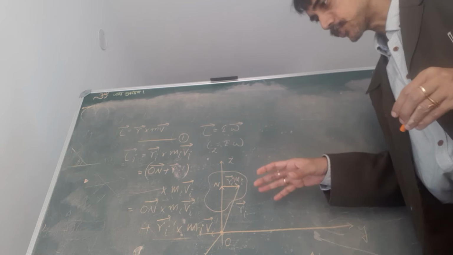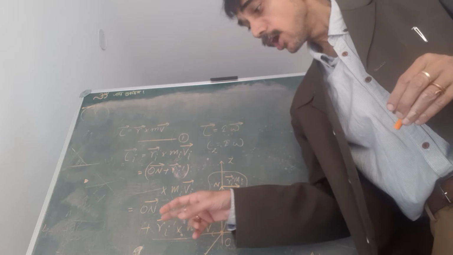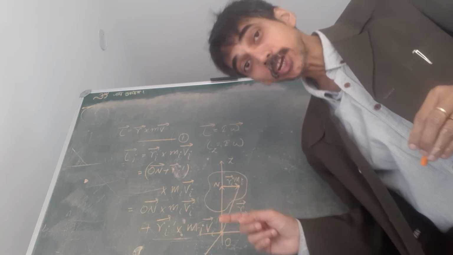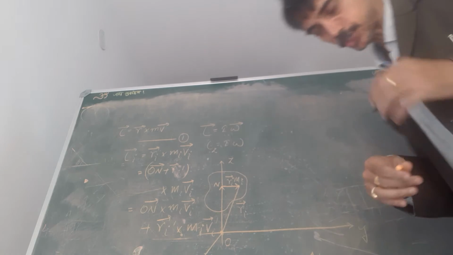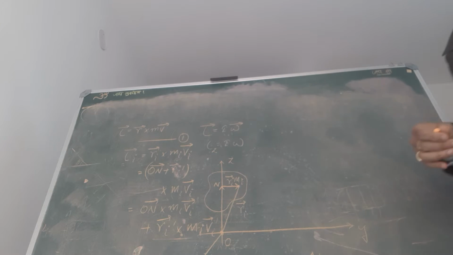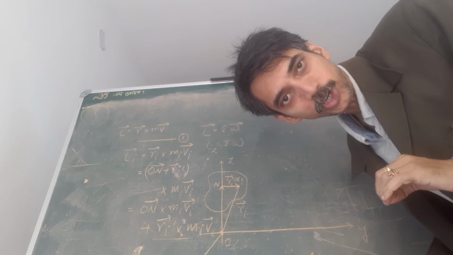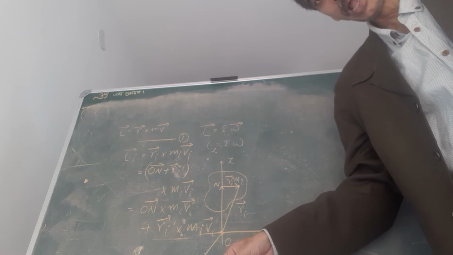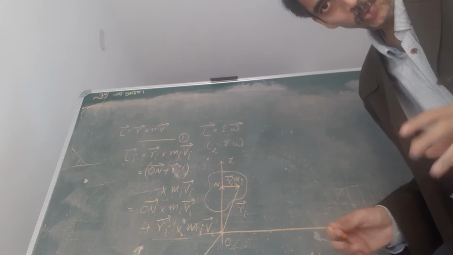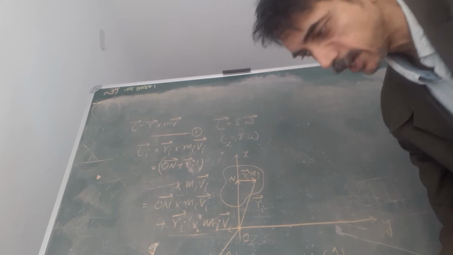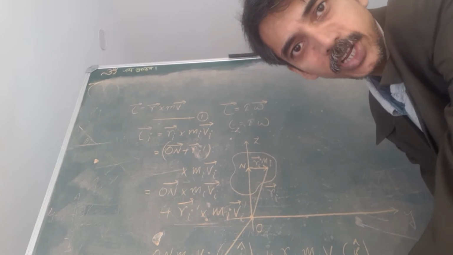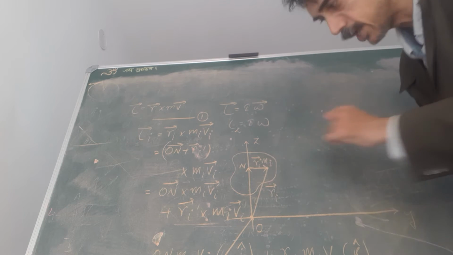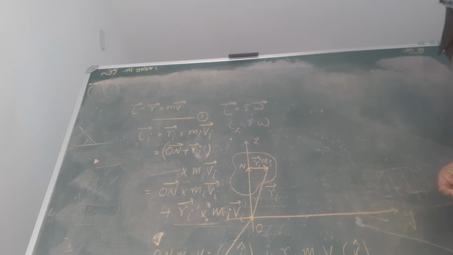For now, first things first, what about the one which is directed towards the axis of rotation? Towards the axis of rotation for this particle is in which direction? Minus j. As you can see from here, it is in the direction minus j.